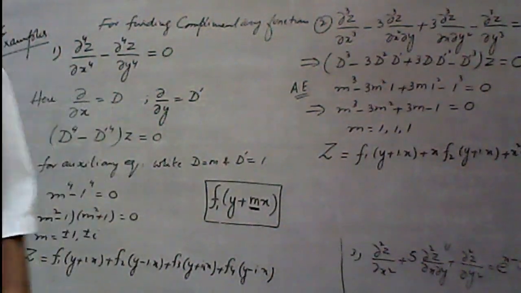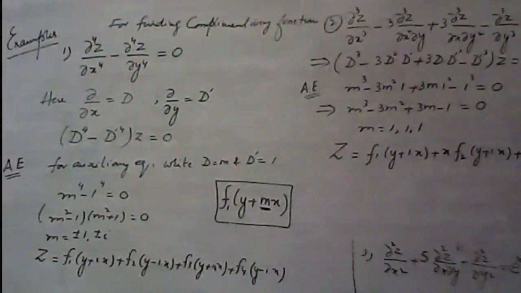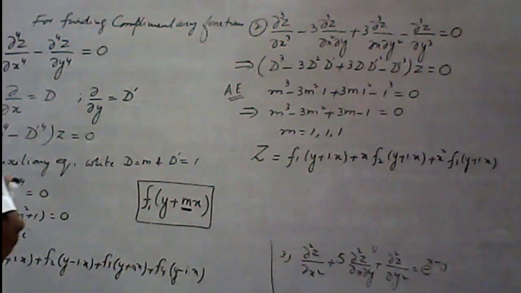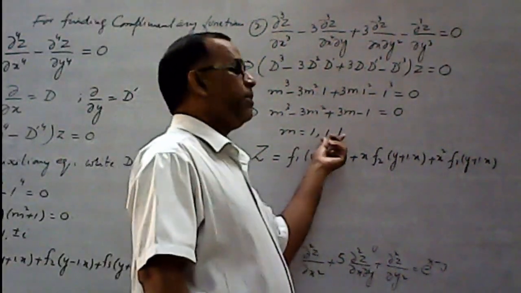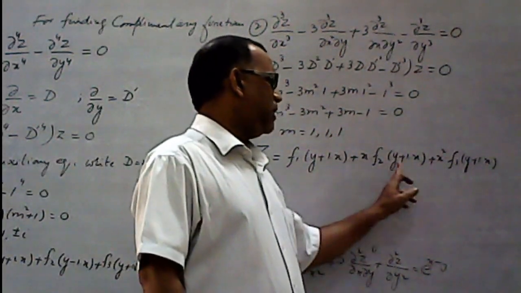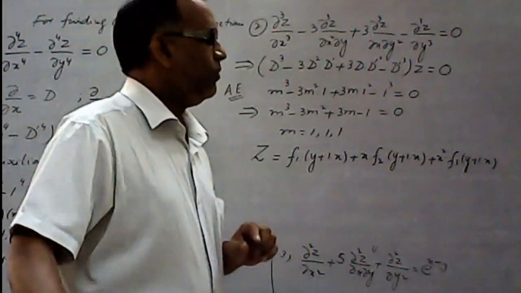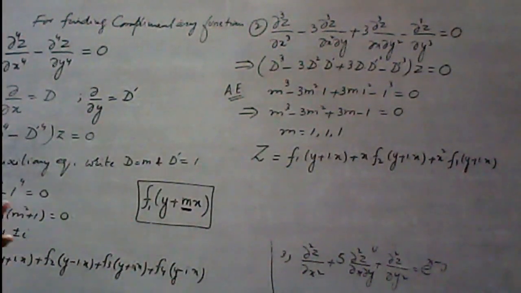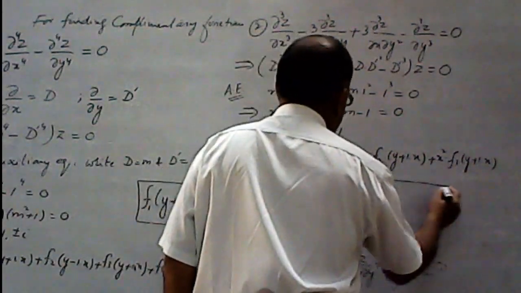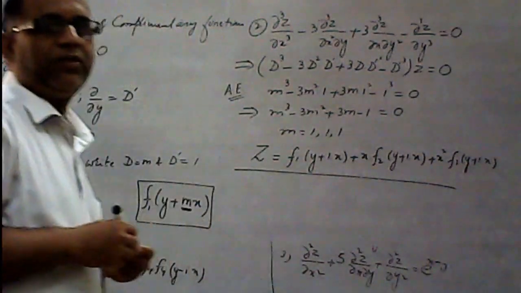The same way of writing x, x square and so on represents the repetition of the roots. If you remember, we use the same thing, x, x square, x cube, for repetition in the roots in higher order ODE as well. So finally, let me give you another example, that is example number 3.